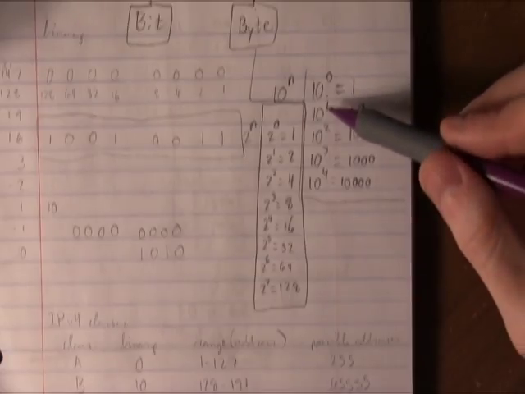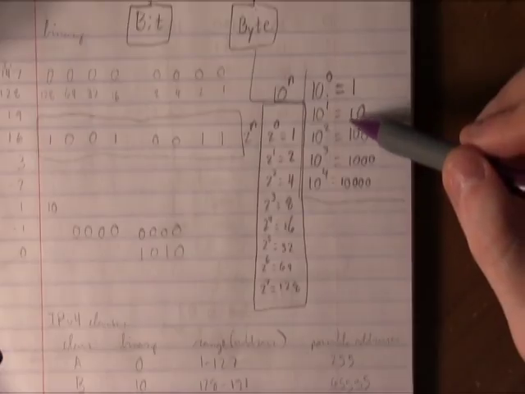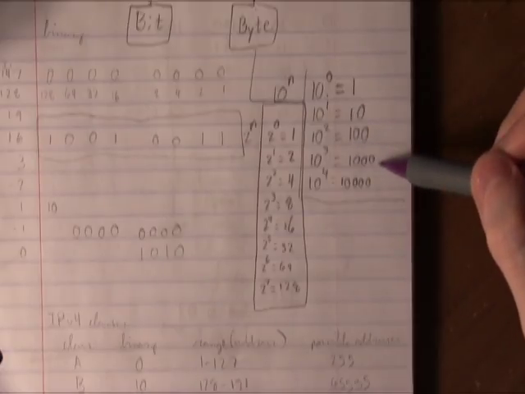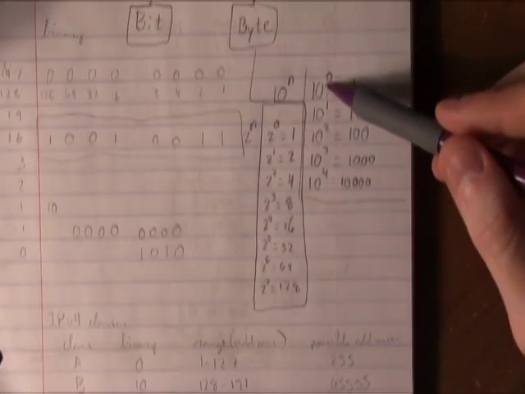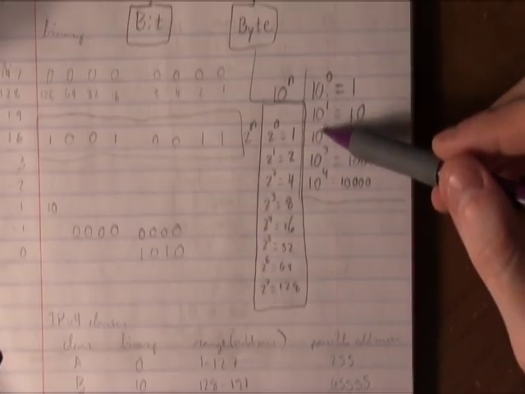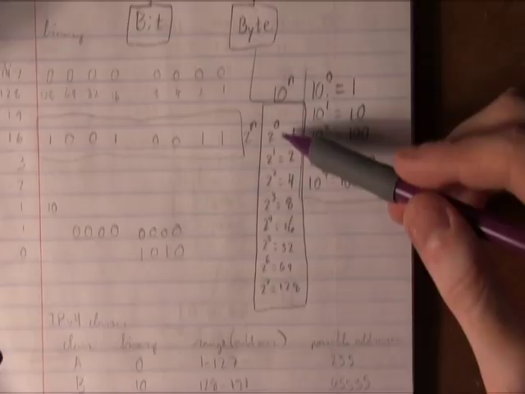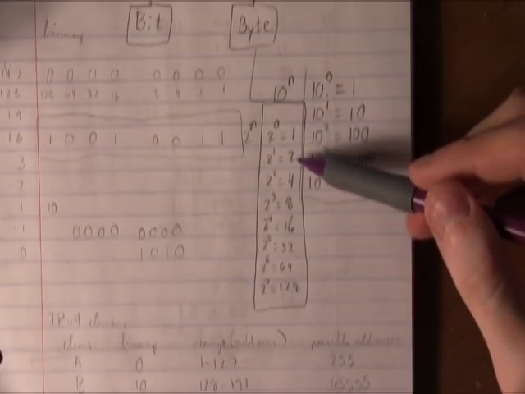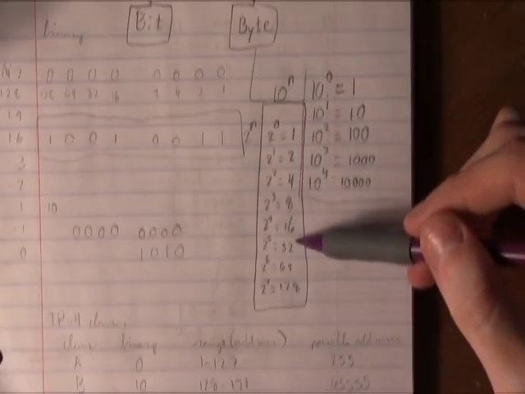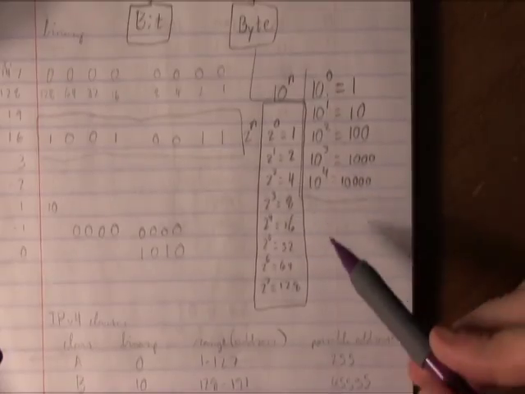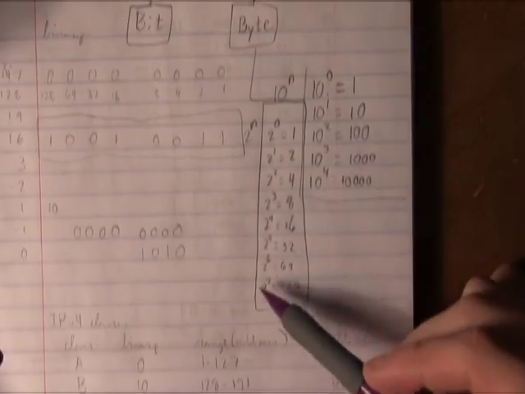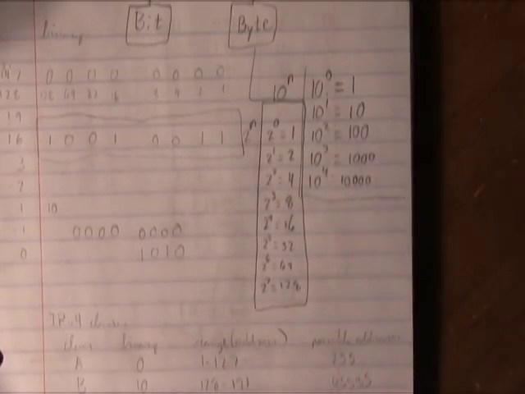That's your ones place. 10 to the 1 is 10, your tens place, your hundreds place, your thousands place. It's the same thing with binary, but instead it's your ones, your twos, your fours, your eights, your 16s, your 32s, your 64s, and your 128s. It's the same system, but instead of tens, it's twos. It's a base 2 system. It's a binary system.